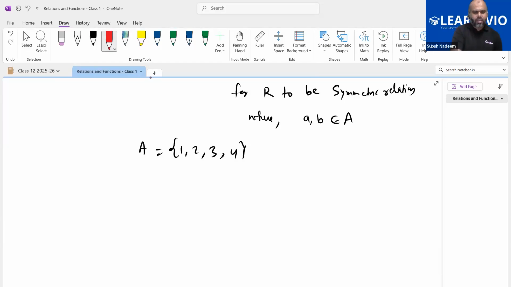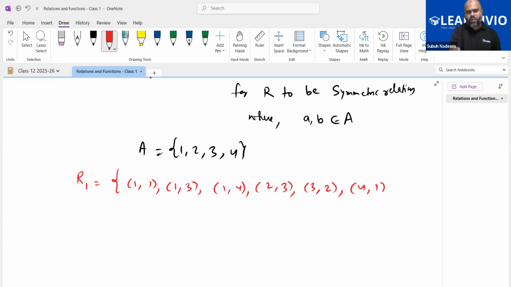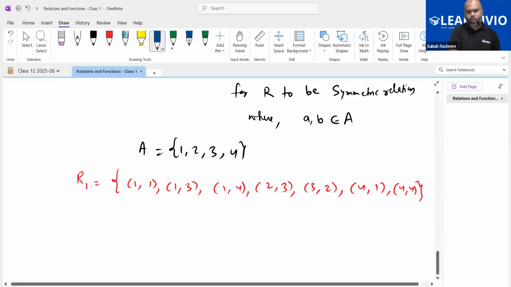And I take a relation R1 where I map 1 with 1, 1 with 3, 1 with 4, then 2 with 3, 3 with 2, 4 with 1, and 4 with 4. Now the question is whether it is symmetric or not.